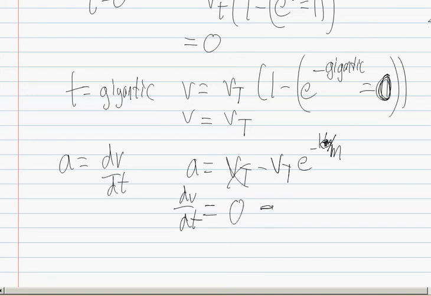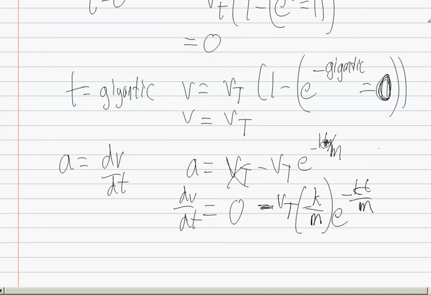Minus vt, and we have to take the derivative of the exponent too: negative k over m times e to the minus kt over m.